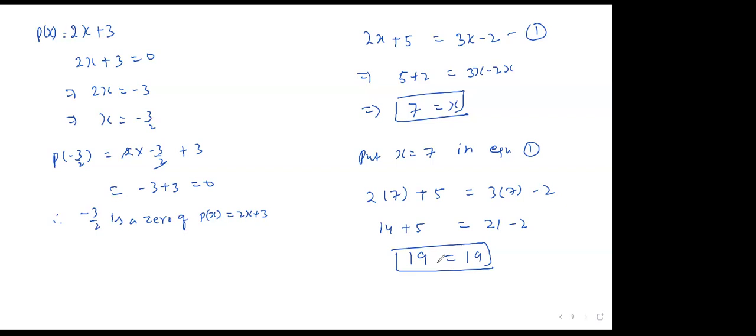Okay. Let us take another example. Suppose we have the polynomial p(x) equals x square minus 2x plus 6, minus 6. Let's take minus 6. So we can rewrite this as x square minus 3x plus 2x minus 6.